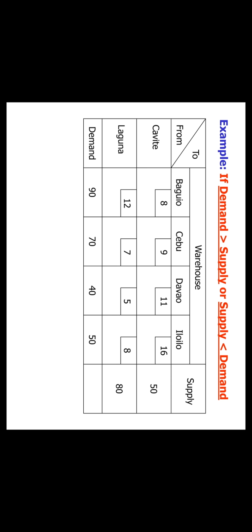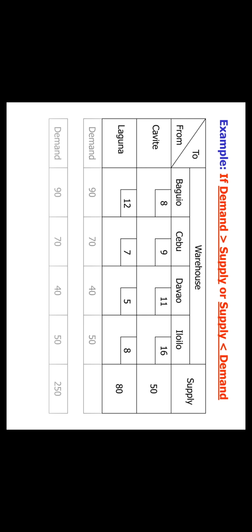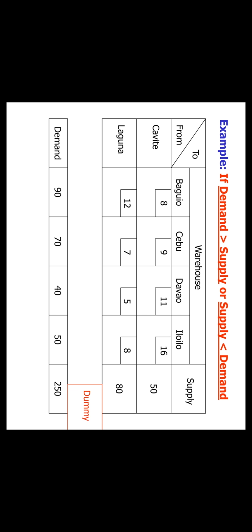If that is the case, then you now shift the row of demand one row below and then insert a dummy row. Again, the cost cells in that particular row would all be equal to 0, and that dummy row would have to have a supply of 120, which is the excess demand. Therefore, again, you end up with total supply being equal to total demand.